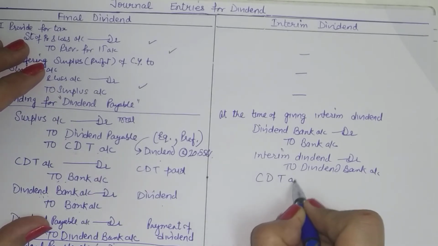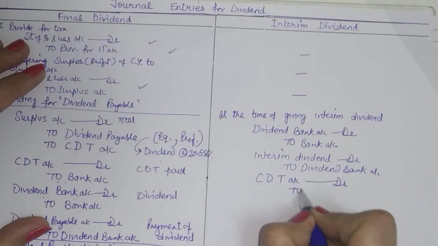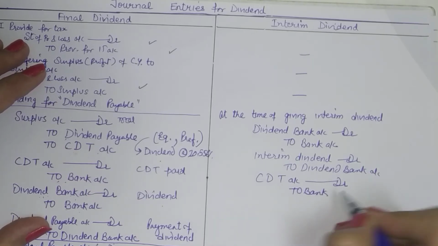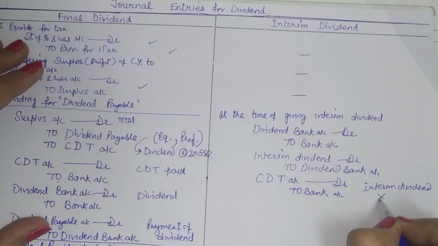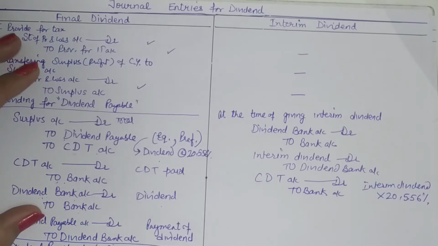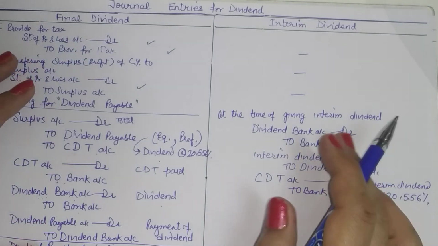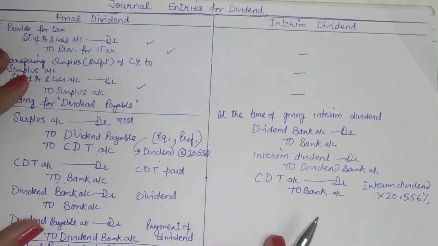So corporate dividend tax will be paid through your normal bank account. It is the amount of interim dividend into rate of CDT, which is at present 20.556, or you can follow the guidelines given in the problem. So this is when you pay dividend during the term of the year.